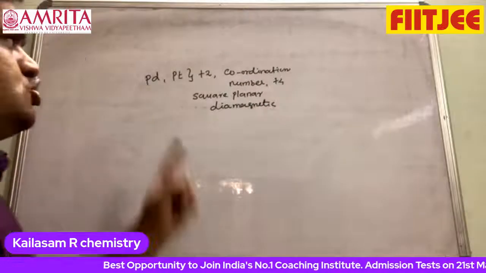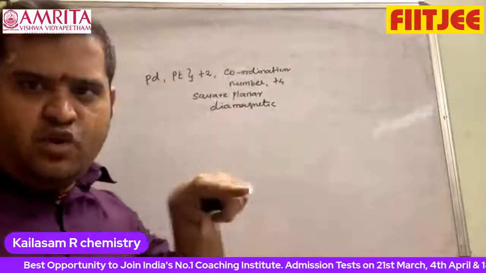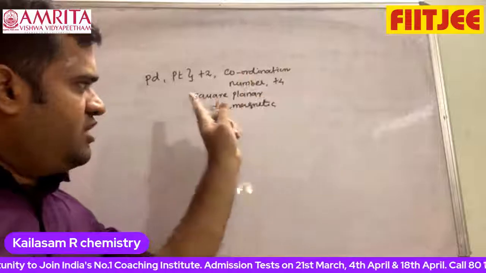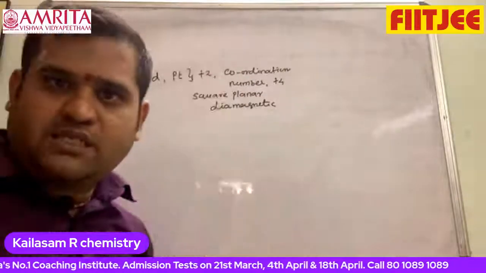So palladium and platinum in the +2 oxidation state with coordination number 4 will always form a square planar complex.